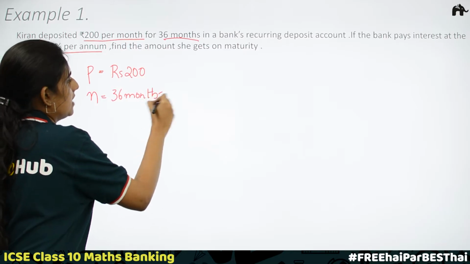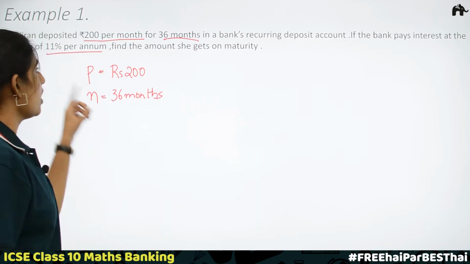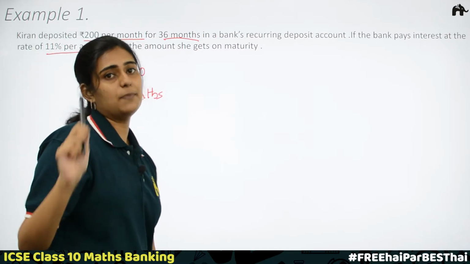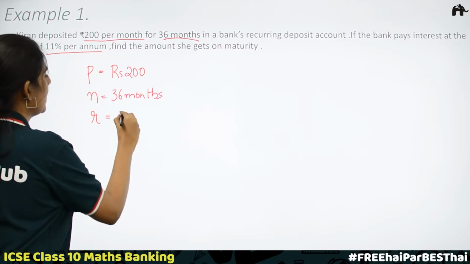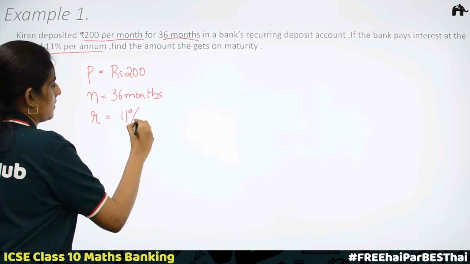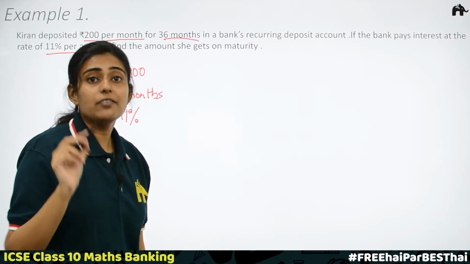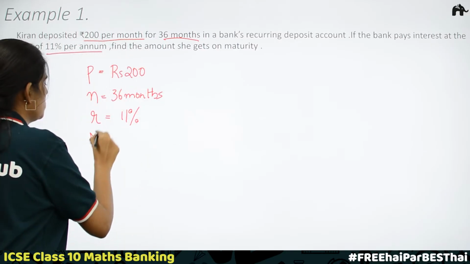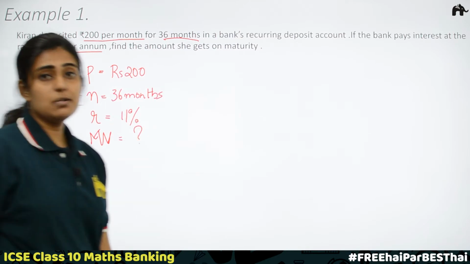What else is given? If the bank pays interest at the rate of 11% per annum, the rate of interest is given, right? R is equal to 11%. Find the amount she gets on maturity. That is, we have to find the maturity value. Maturity value is equal to question mark.